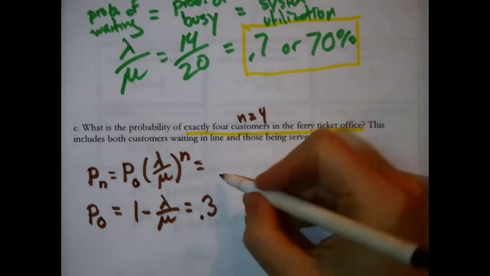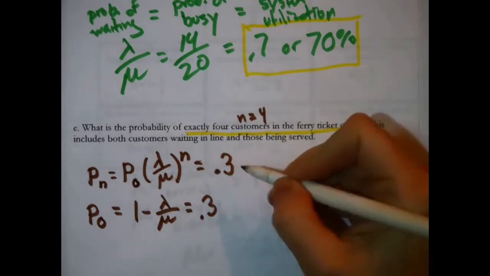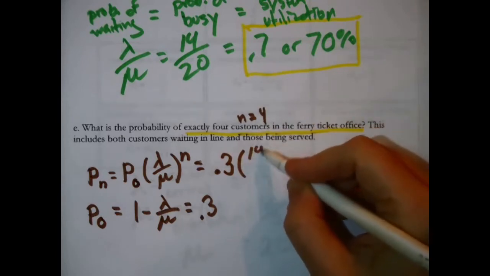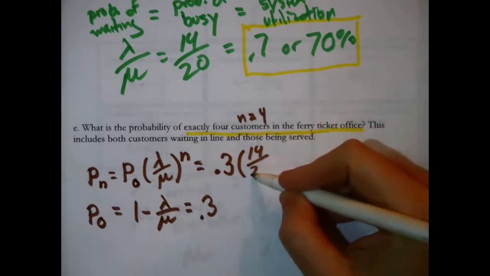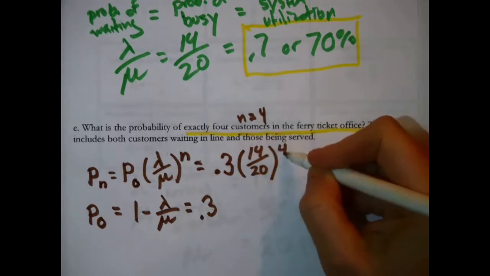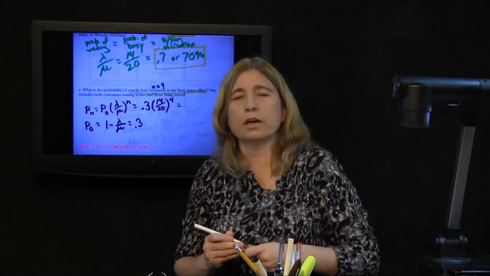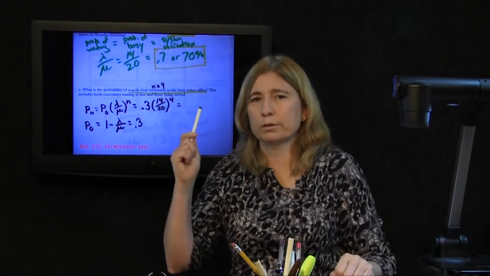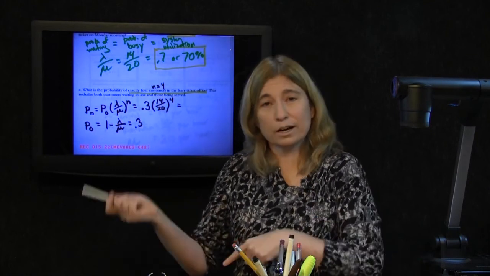Okay, so that would be the 0.3 for the probability of nobody, times same old 14 divided by 20, or 0.7, we figured out before, to the power of 4. So what you would want to say is, 14 divided by 20 is 0.7. You'd want to say 0.7 times 0.7 times 0.7 times 0.7. Oh, then times 0.3.